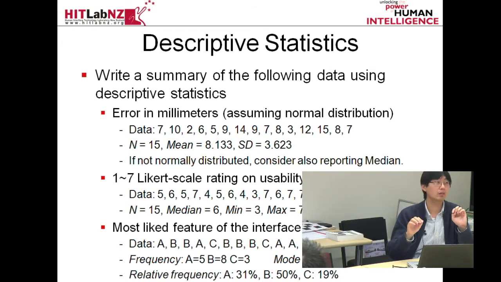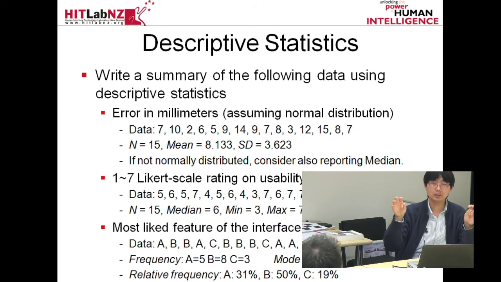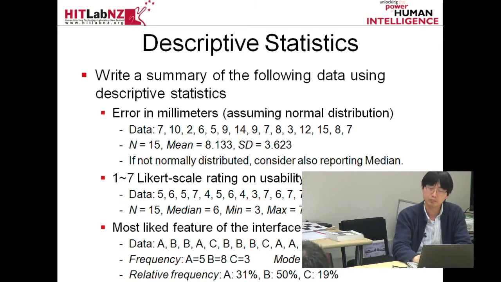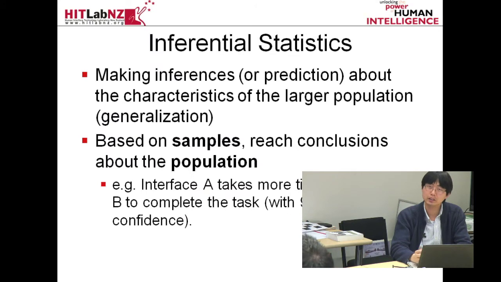So say people using interface A made an error of, say, 10 on average, and interface B made 12. You can see there's a difference of 2, but you cannot really say if that difference is meaningful in a statistical way. So that's where inferential statistics are useful.